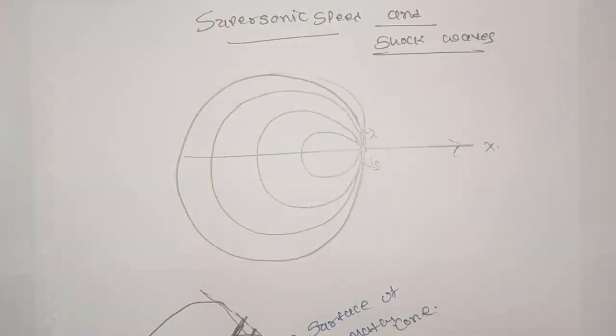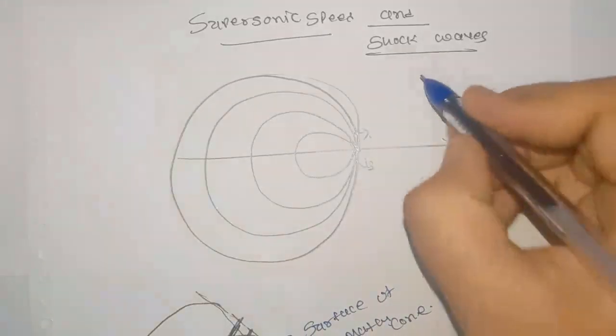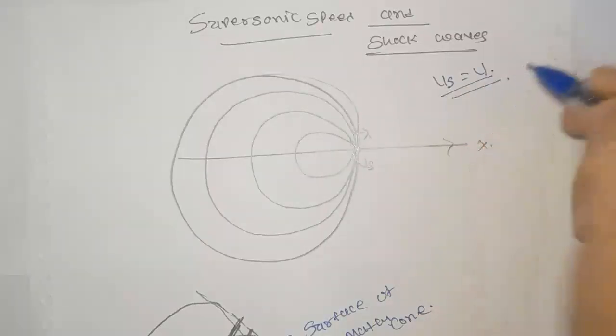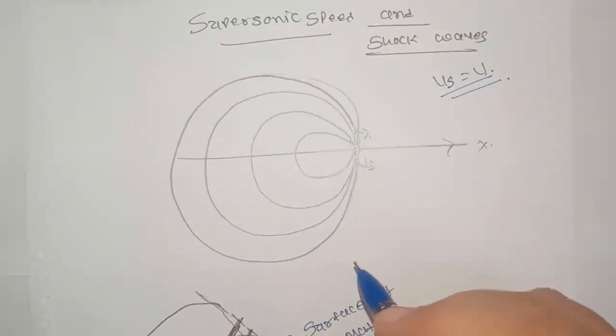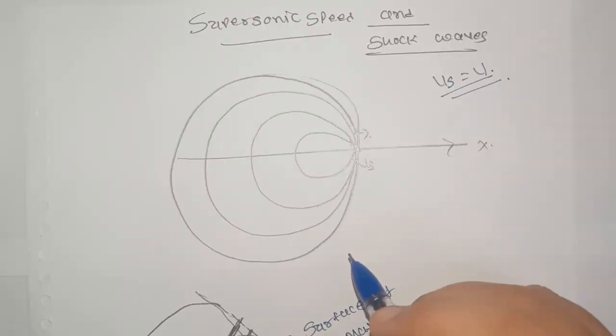Let us see the supersonic speed and shock waves. If a source is moving towards a stationary detector at a speed which is equal to the speed of sound, then the detected frequency will be infinitely large.